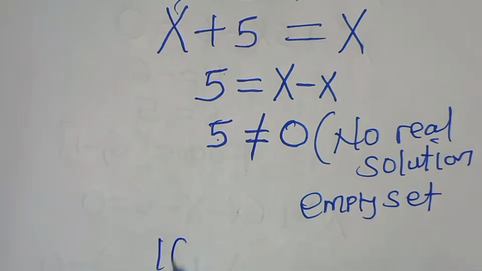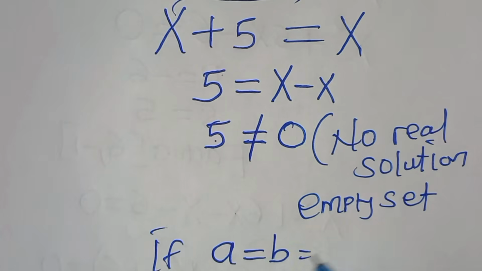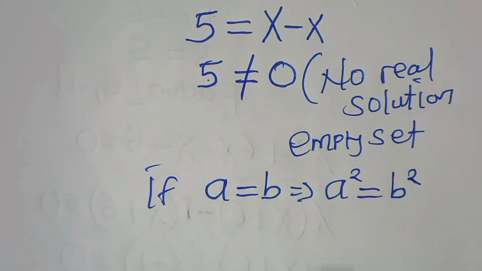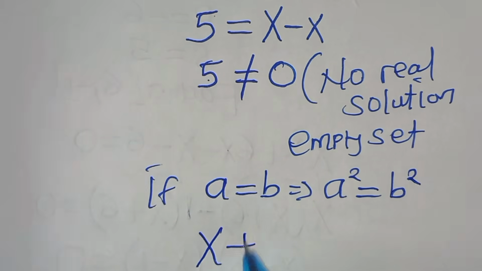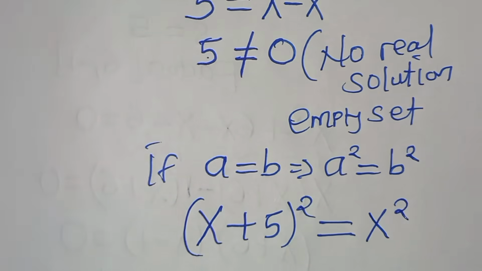But if a is equal to b, this implies that a to the power of 2 is equal to b to the power of 2. Now this means that x plus 5 raised to the power of 2 is the same thing as x raised to the power of 2.